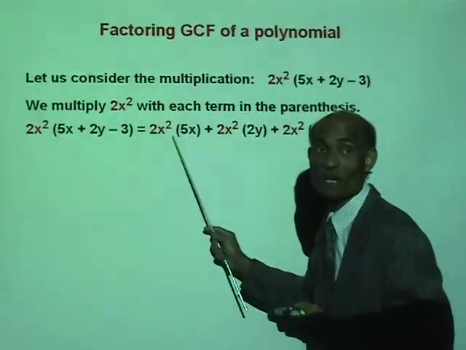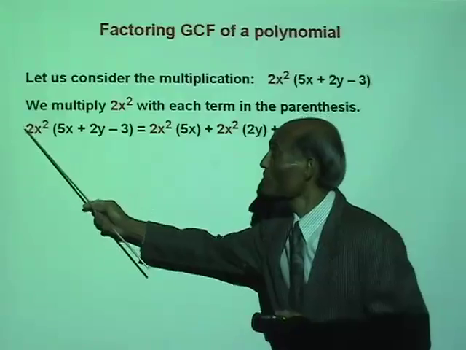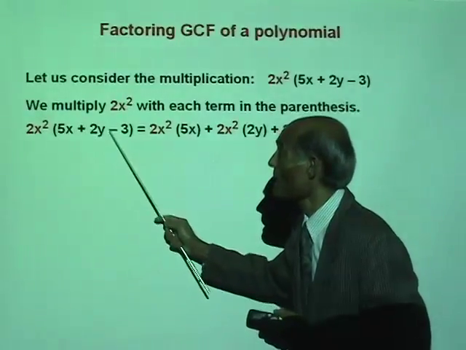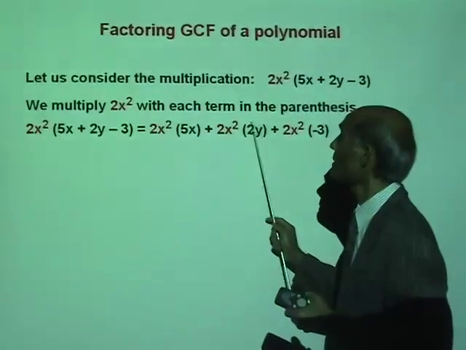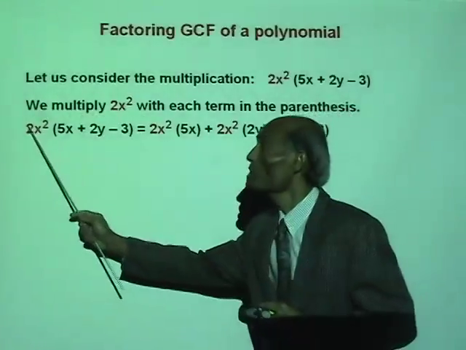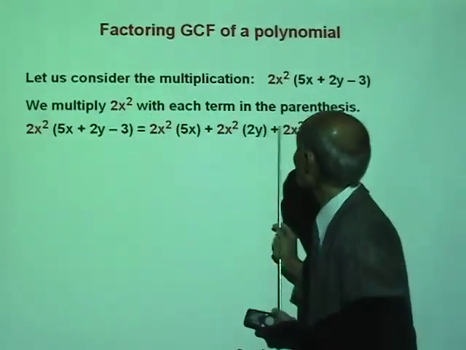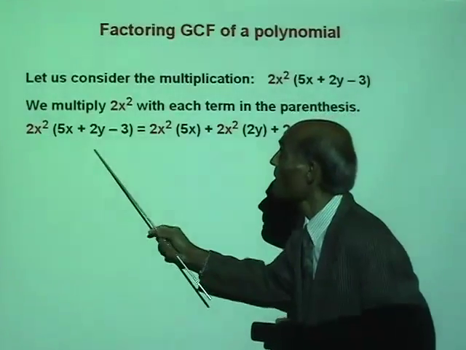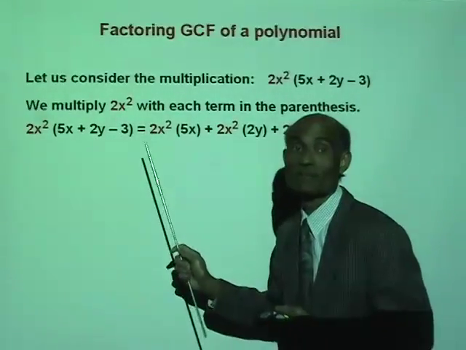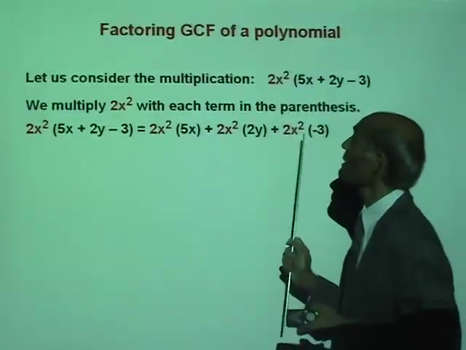That is the first term. Then 2x squared multiplied by positive 2y. And remember, the 2x squared is positive. Plus 2x squared multiplied by negative 3. Can you multiply these out now?